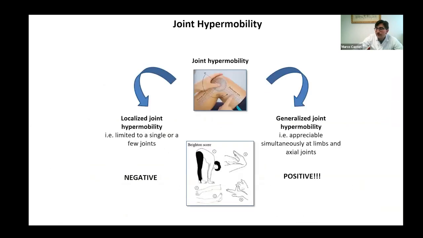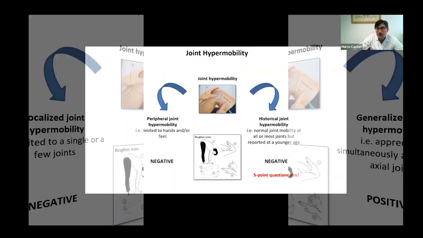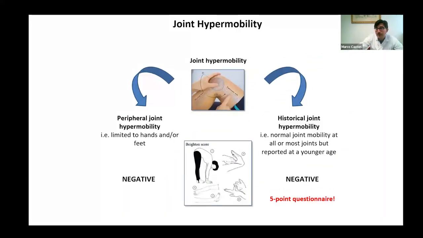Since 2017, 4 major patterns of joint hypermobility are recognized. Localized joint hypermobility is limited to a single joint or a group of joints. It is common and often clinically not relevant. On the other hand, generalized joint hypermobility is diffuse, involving both sides of the body and both the appendicular and axial joints. It is characterized by a positive Beighton score. 2 additional variants of joint hypermobility are recognized: peripheral and historical.